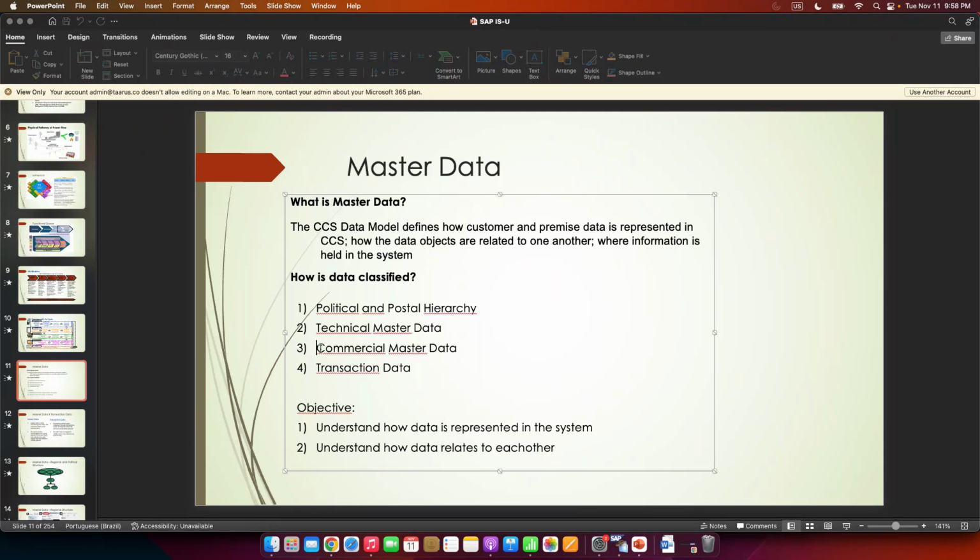How do you get it? Your house address. When you fill out your application, you fill out the house address where you want the service. That address, we are going to maintain as technical master data in SAP.